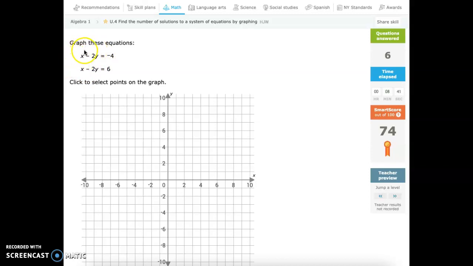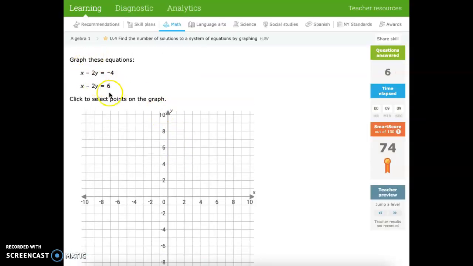So when you put this into y-intercept form, you will have something like y equals negative x minus 4, but it's really y equals 1/2 x plus 2.